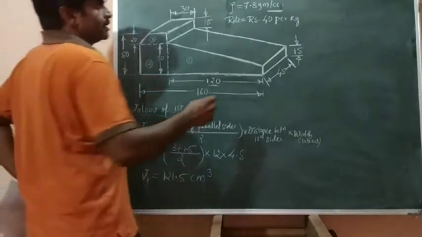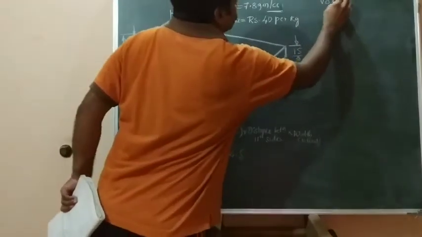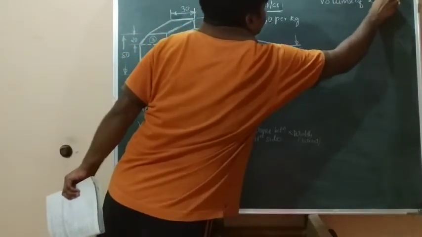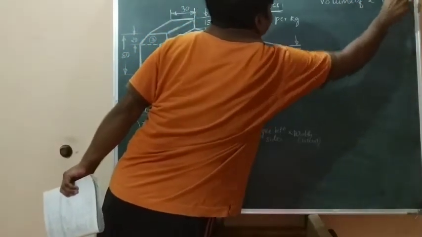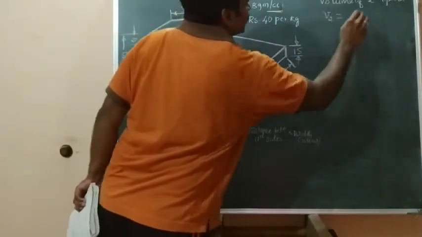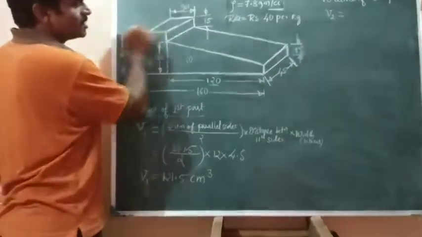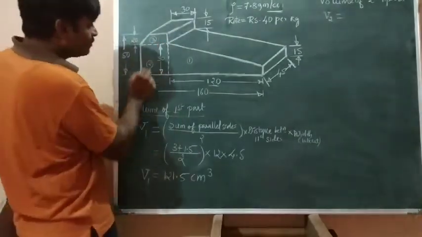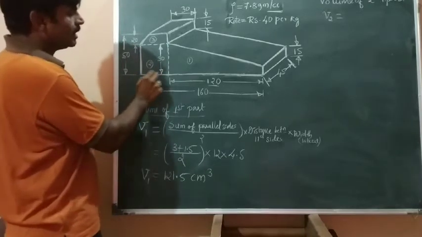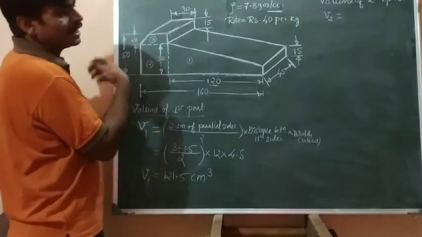Now this is the volume of the first part. Let me take the volume of the second part, denoted by V2. Now the second part is this one. If you observe the figure, I can find the volume of the second part by multiplying length, breadth and width.